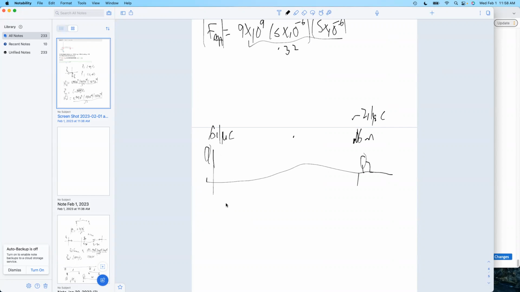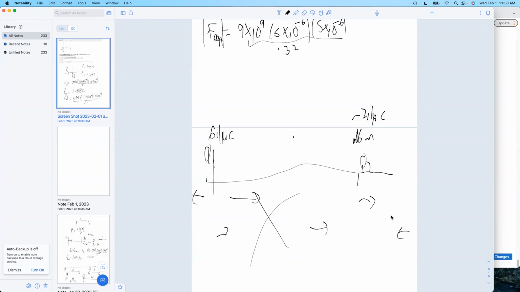Okay, so this guy has an electric field that points away, but gets smaller as it gets further away. He has an electric field that points toward him, but gets smaller as it goes away. So there's no way it's in here because everything points to the right in here.